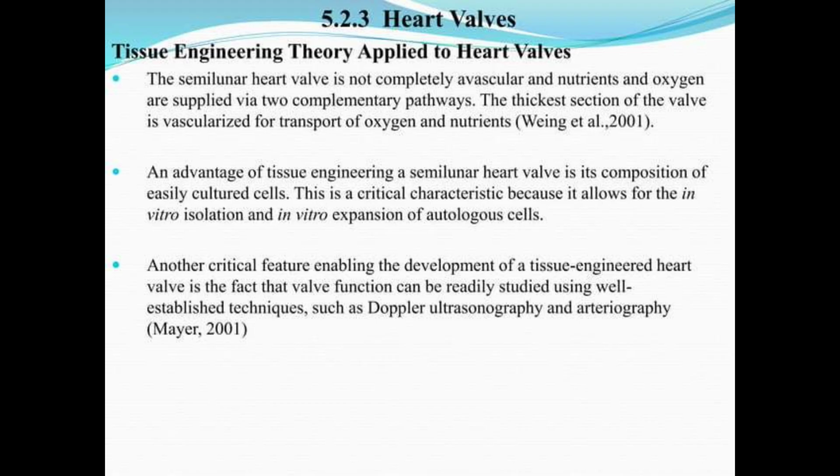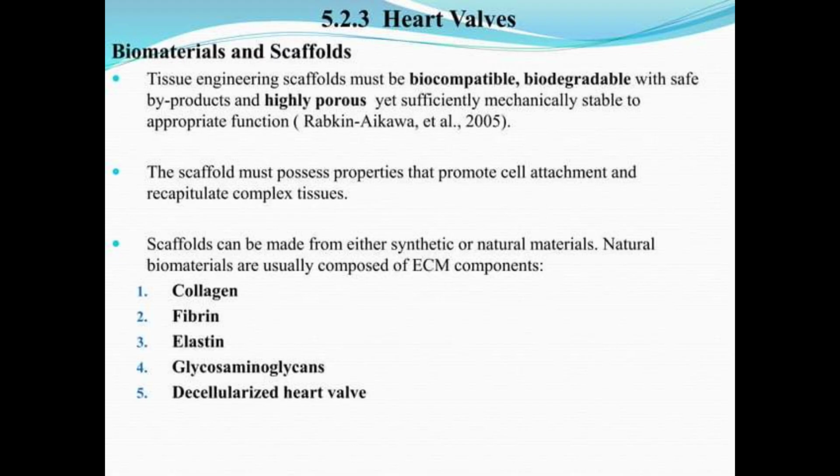Here we can see the advantages of the heart wall development by tissue engineering. In order to prepare the heart walls, we are creating a biocompatible and biodegradable highly porous material in which the scaffolds are made from natural and synthetic materials made up of collagen, fibrin, elastin, glycosaminoglycans, and decellularized heart walls, where it provides the necessary environment, that is extracellular matrix components.